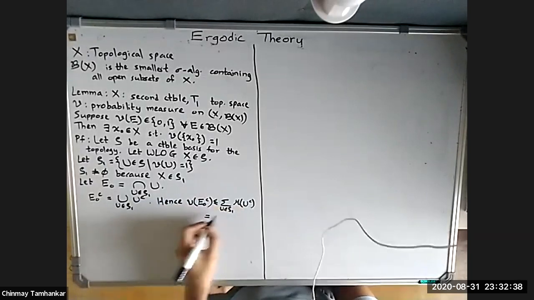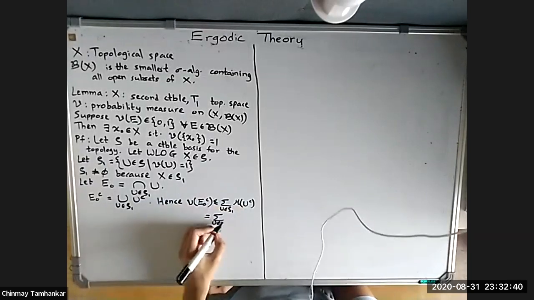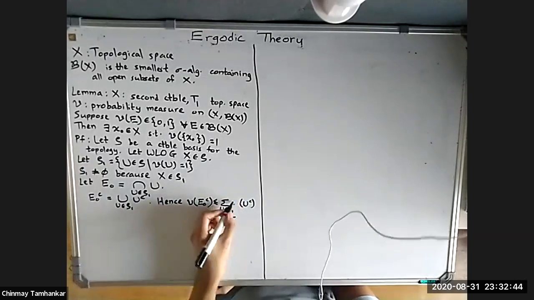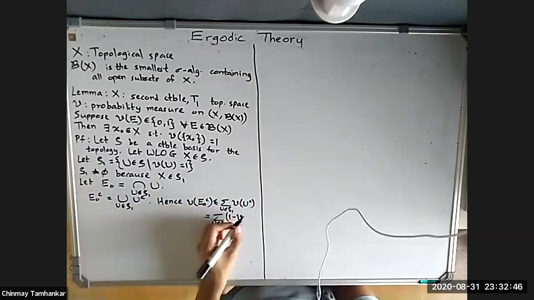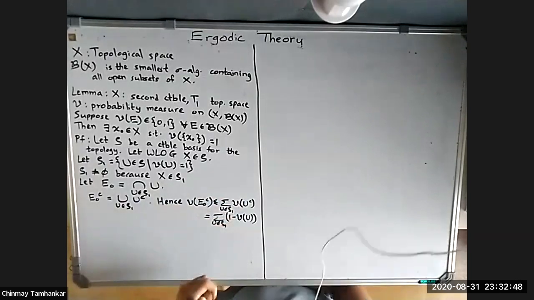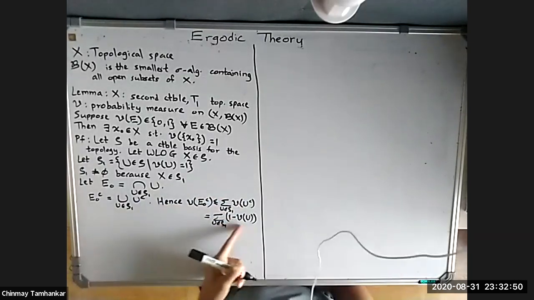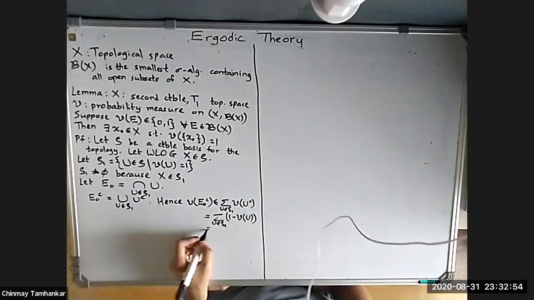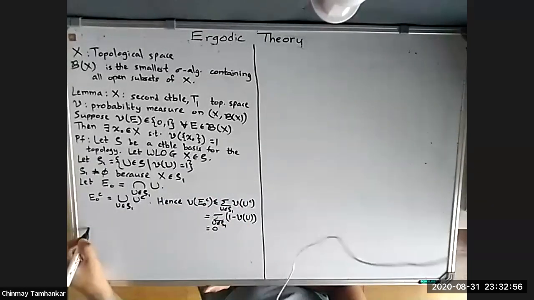Since nu of U is 1 for any U in S1, this is just 0.